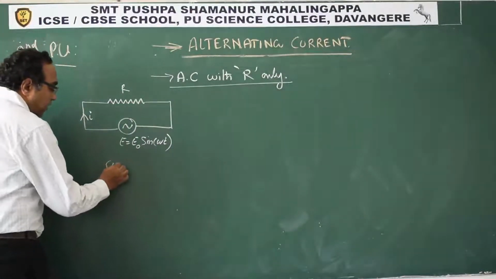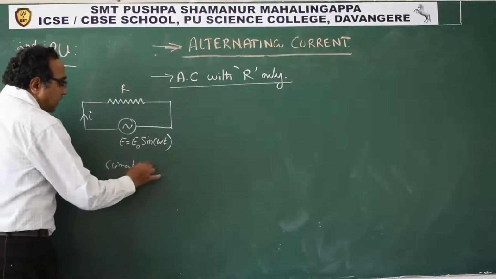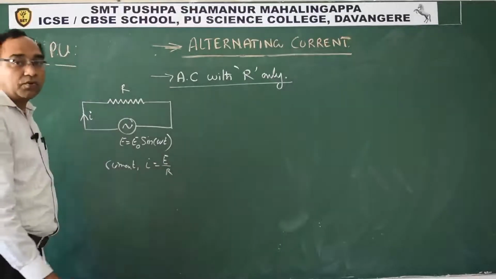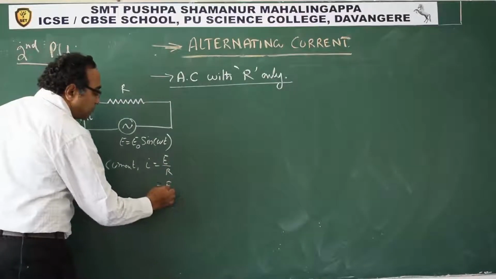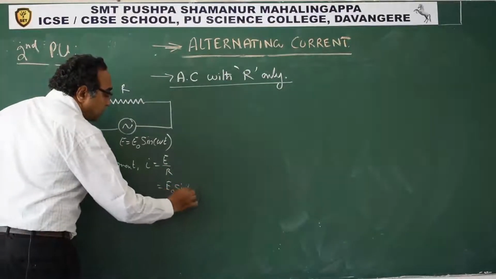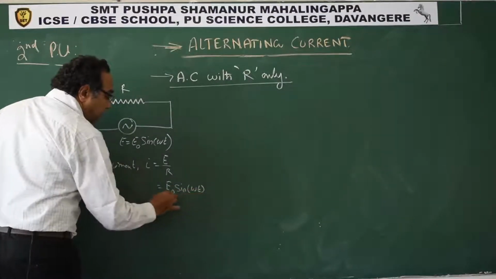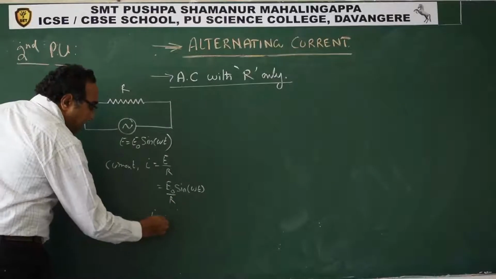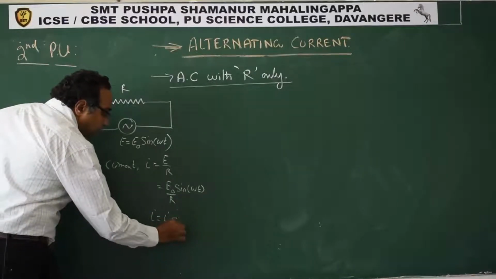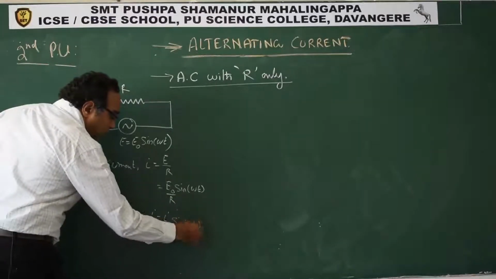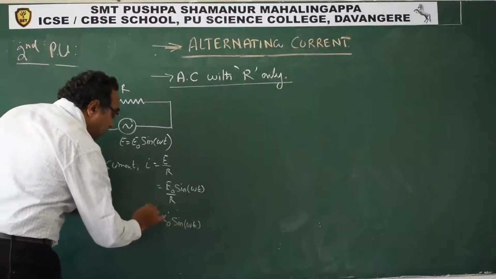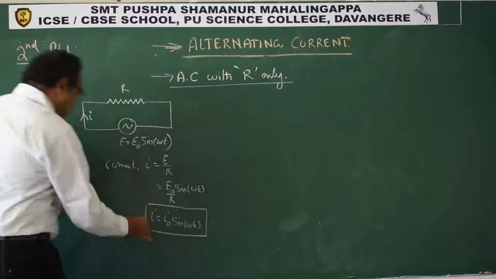Current I is given by E by R. This is known to us. So this is nothing but E naught sine of omega t by R. So E naught by R we can write as I naught, and I is I naught sine of omega t. This is exactly the expression for current.